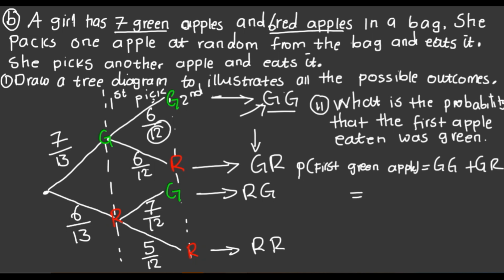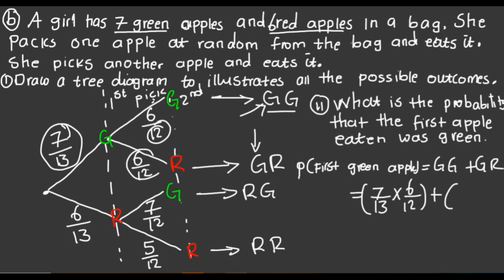Now for this one, GG is this times this: 7 over 13 times 6 over 12, plus GR, which is this one times this one.